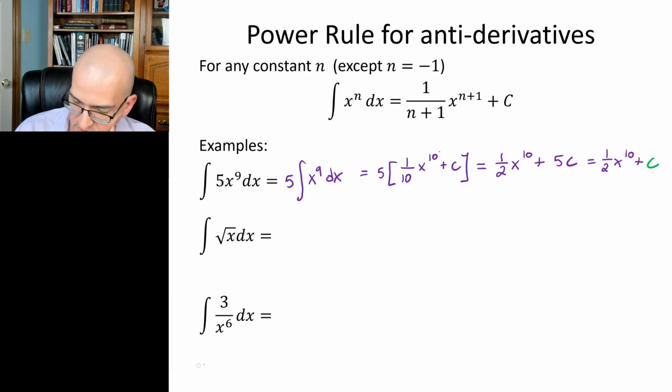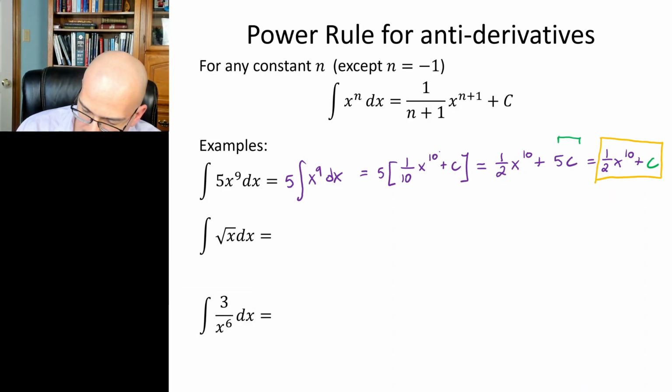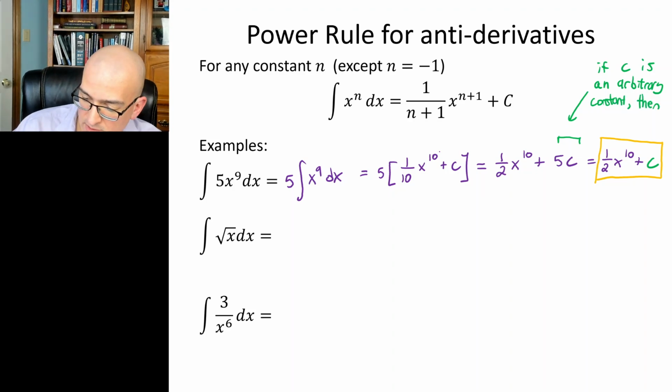I just changed the color of it, but it's still an arbitrary constant. If c is an arbitrary constant, then so is 5c.